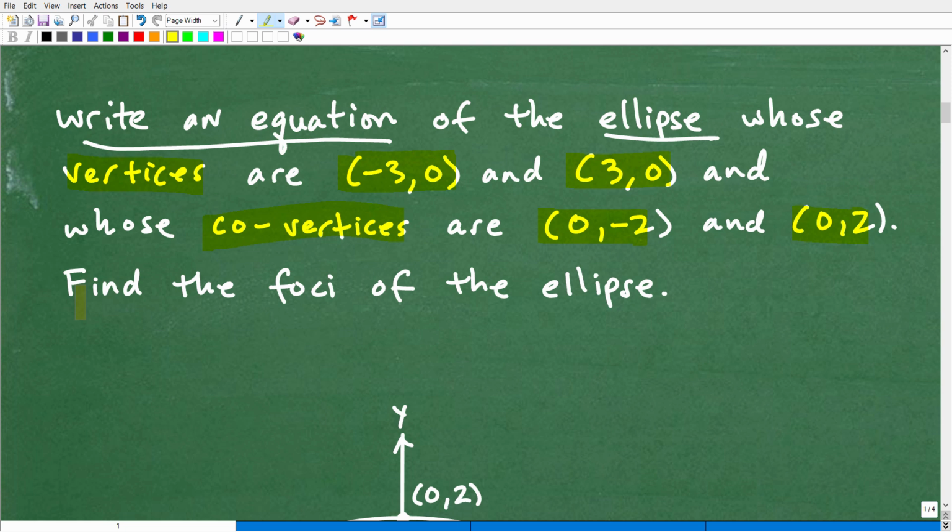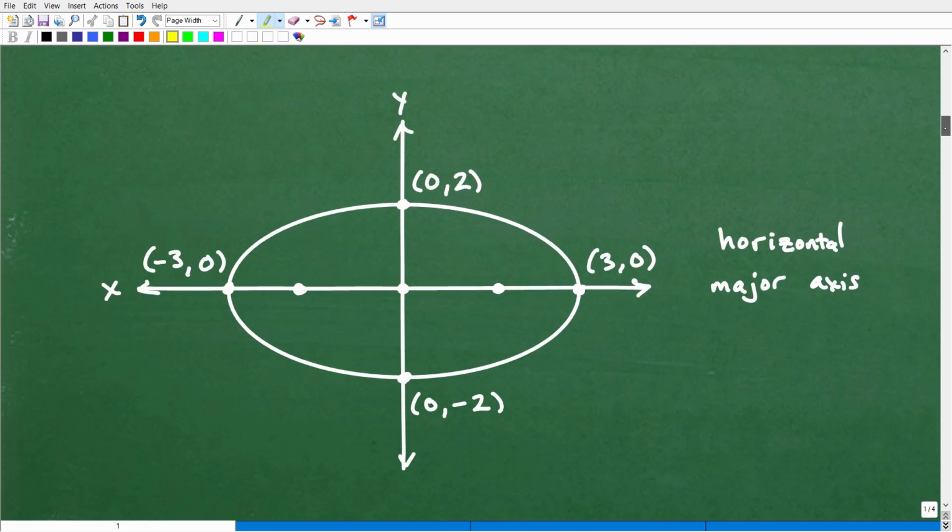We have minor axes and major axes, and focus or foci, which is the plural of focus. Sorry if you're a little bit confused about that, but just based upon that information, we can sketch out the basic ellipse.